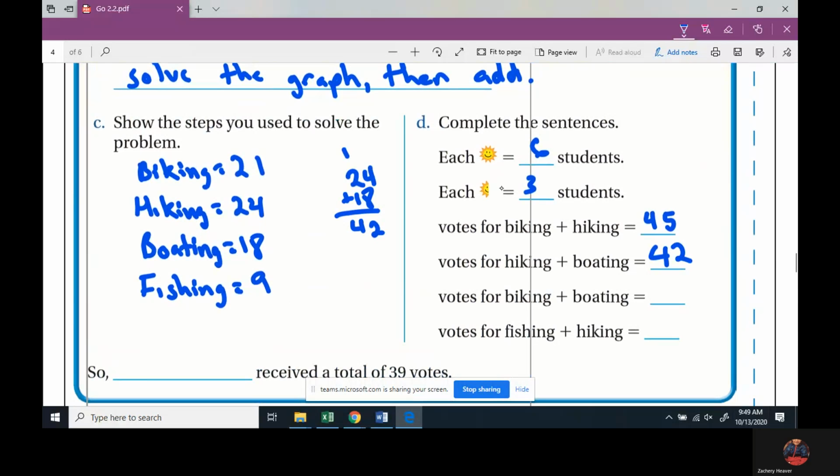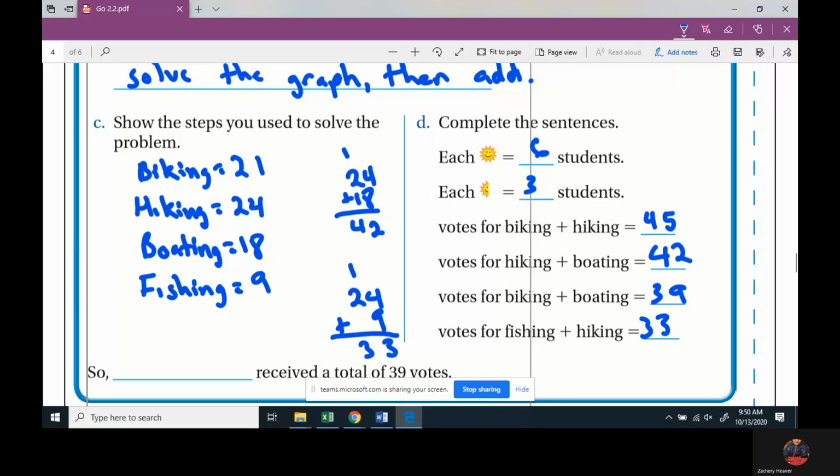Biking plus boating. Jack, do mental math. 1 plus 8 is? And 2 plus 1 is? So look, 39. And lastly, fishing and hiking. We can't do it the old way because you got to borrow. So 24 plus 9. McKenna, 9 plus 4? 3, carry your 1. 1 plus 2? 33.